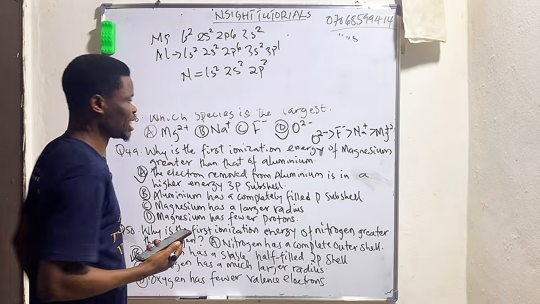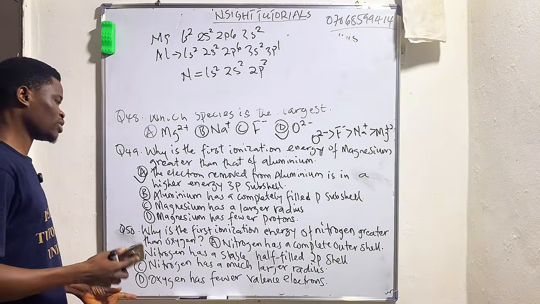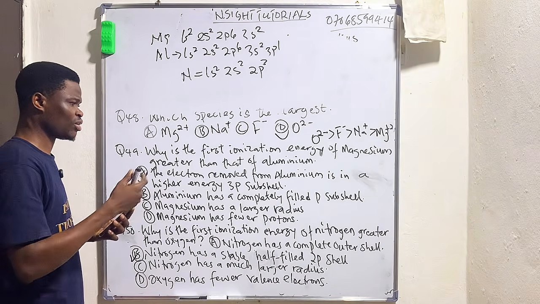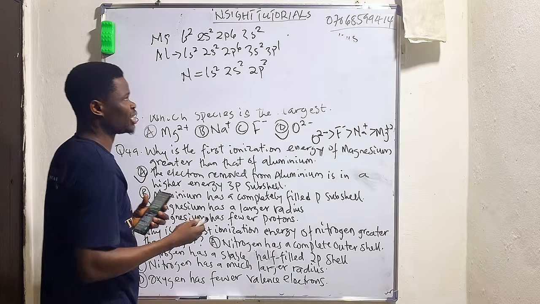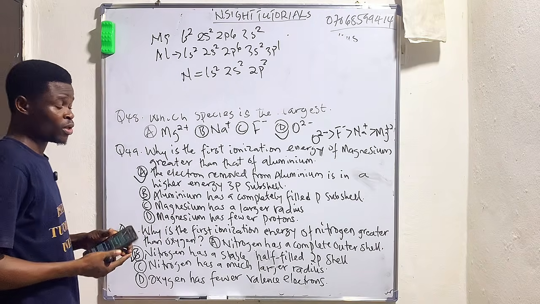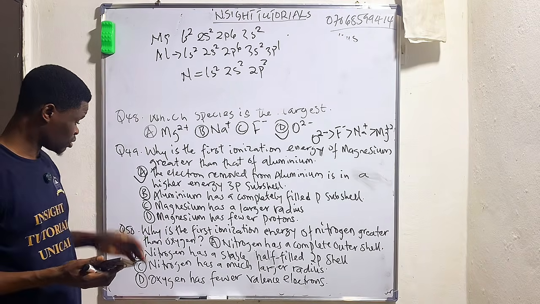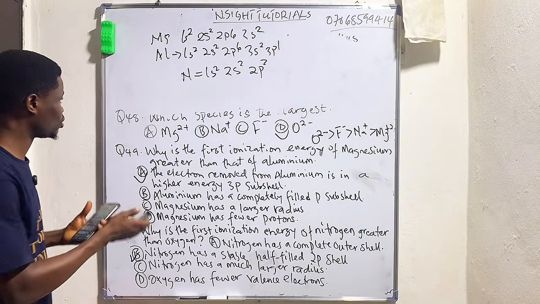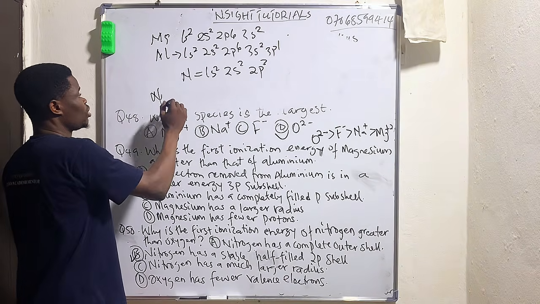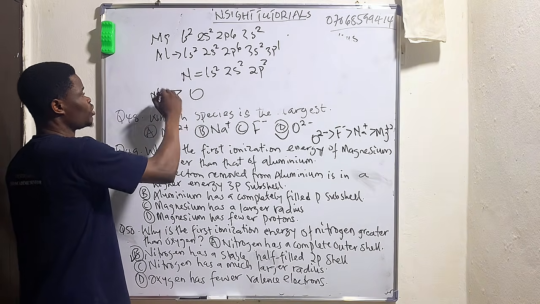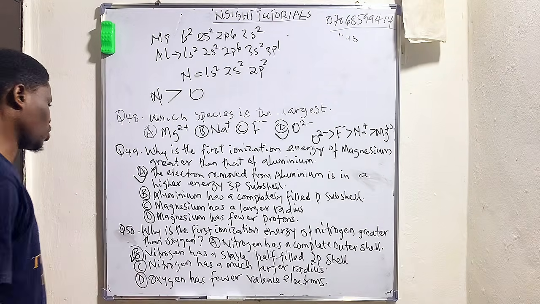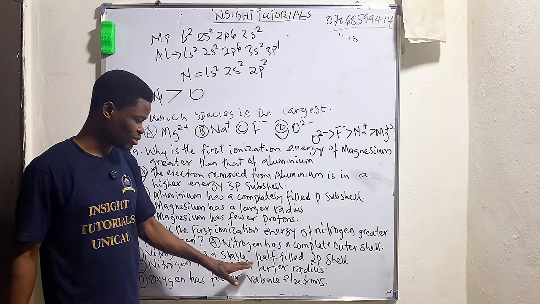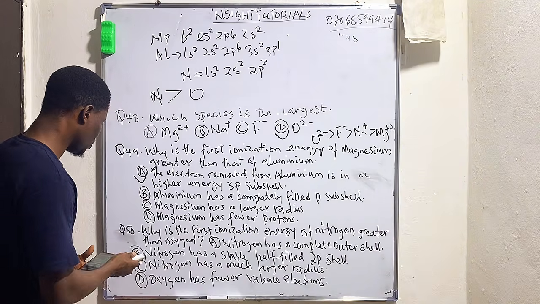So it's already at a halfway point, and so it will have a higher ionization energy compared to oxygen. So when you're comparing nitrogen and oxygen in terms of ionization, always remember that nitrogen is greater than oxygen. And the reason is because nitrogen has a stable half-filled 2p shell.